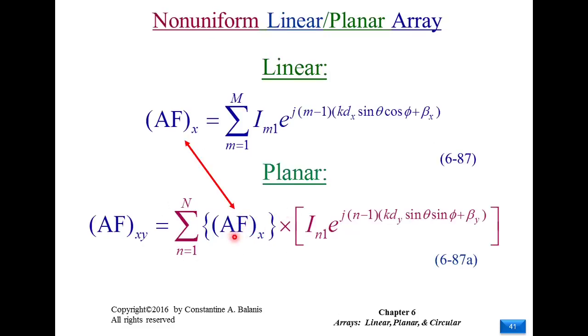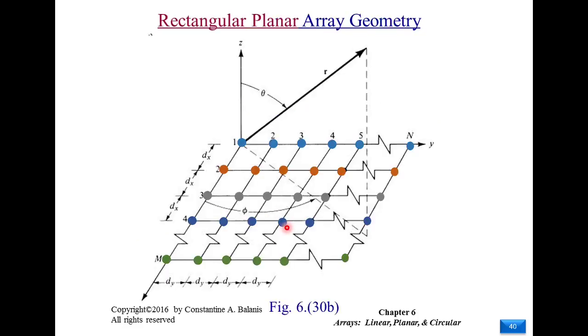We have column number 1, then column number 2, column number 3, column number 4, and so on, up to column number N. The difference from column to column is dy, with a phase shift from one element to the other. If we are moving here, this is phase 0. The phase here would be phase 0 plus beta x plus 2 beta x plus 3 beta x.